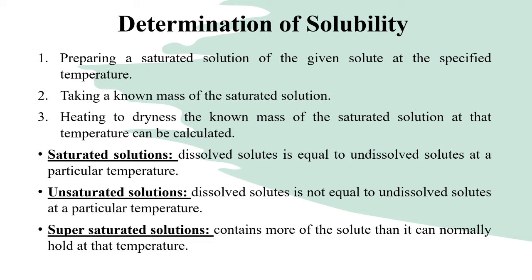So number one thing you do is you prepare a saturated solution of a given solute at that temperature. Take a known mass of the saturated solution, dry it, and know the mass, so the solubility can be what? Calculated.